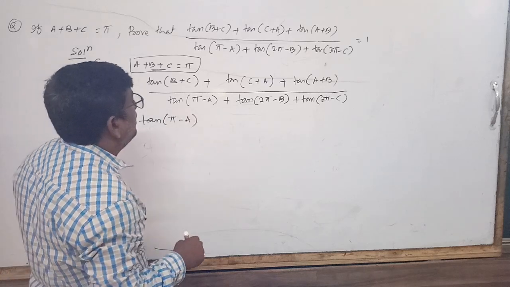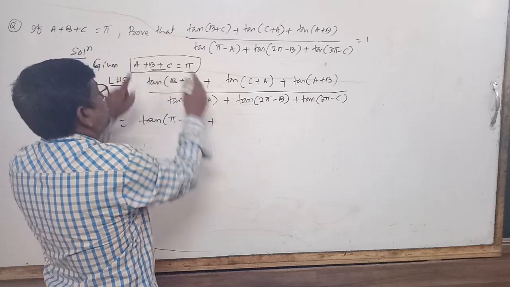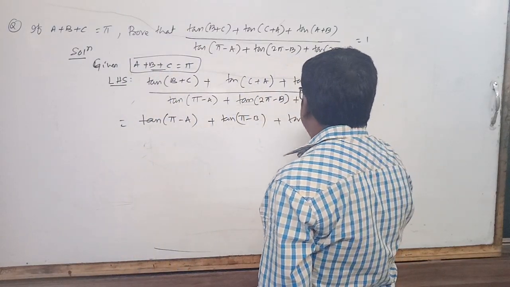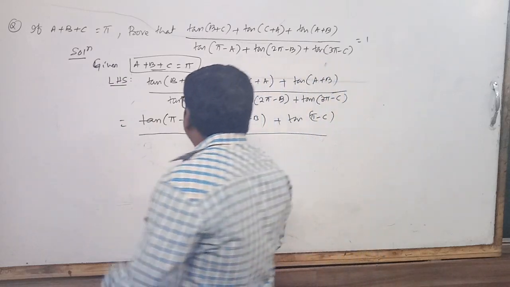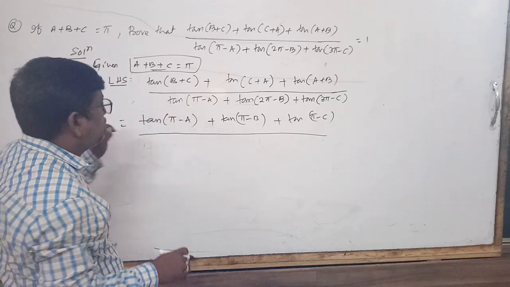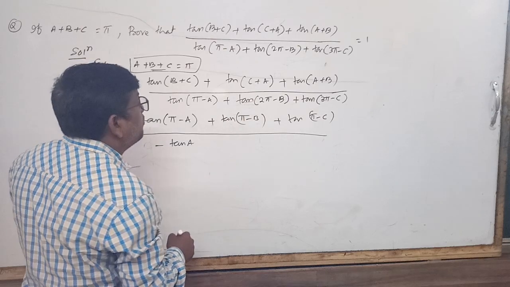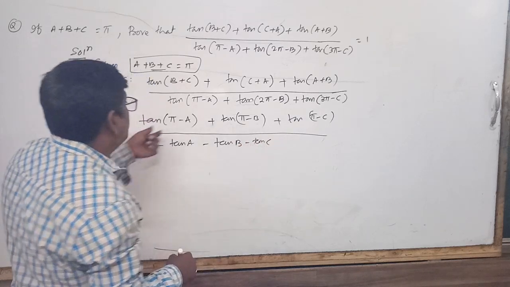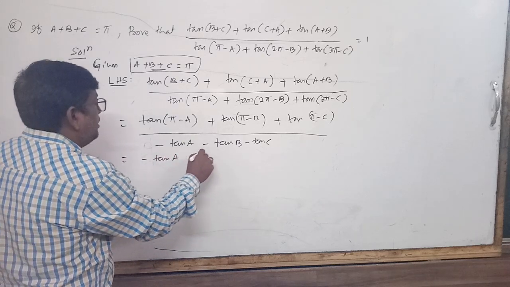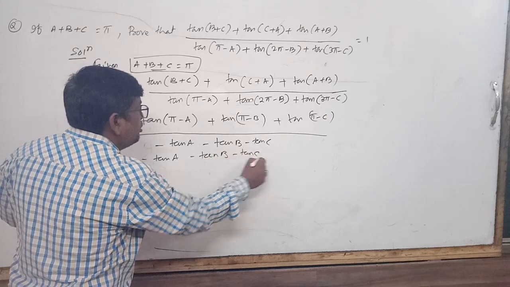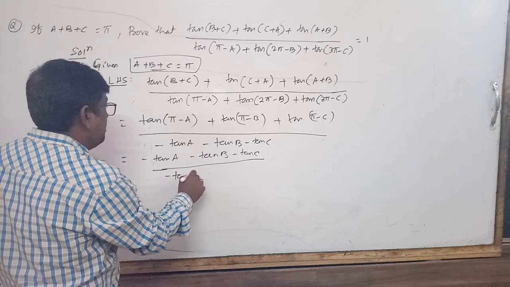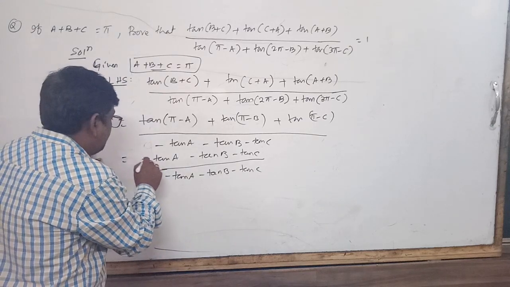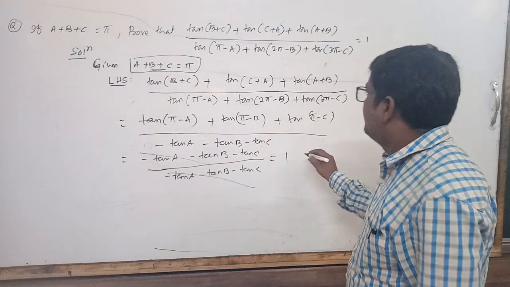Tan(C plus A) means tan(pi minus B), and this is tan(pi minus C), divided by: tan(pi minus A) is minus tan A, tan(2 pi minus B) is minus tan B, tan(3 pi minus C) is minus tan C. Again the numerator is minus tan A, minus tan B, minus tan C, divided by minus tan A minus tan B minus tan C. So numerator and denominator are equal and cancel, and this is equal to 1, which is equal to RHS.